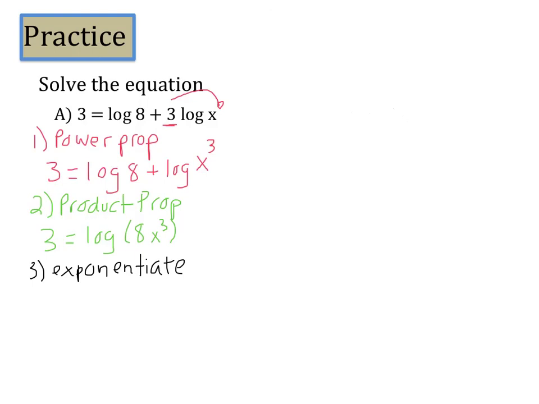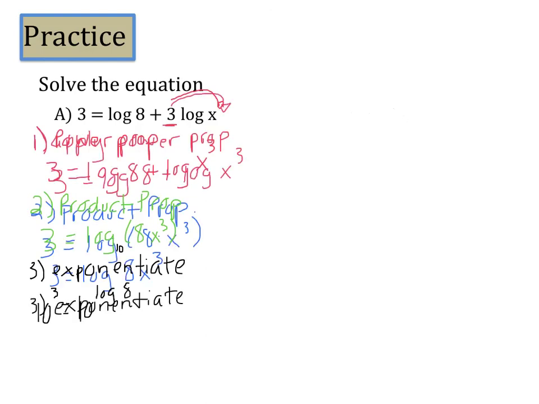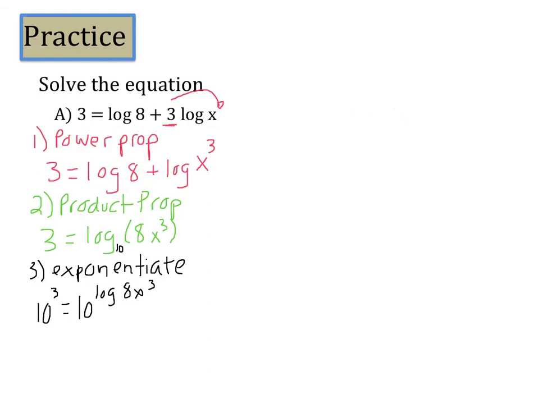Now this is a common log, so the base is 10, so I have to exponentiate both sides by 10. So I have 10 raised to the 3 and 10 raised to the log of 8x to the third. So now I simplify, and my equation looks like this: 10 raised to the third equals 8x to the third.